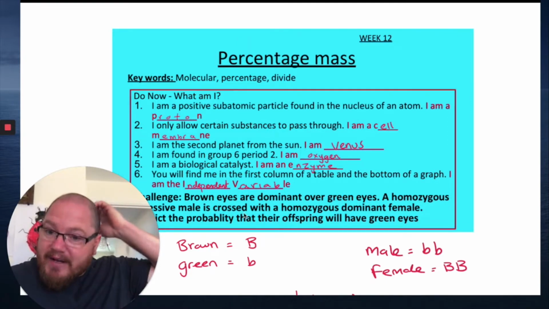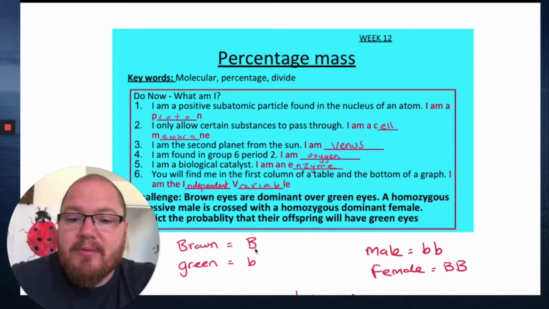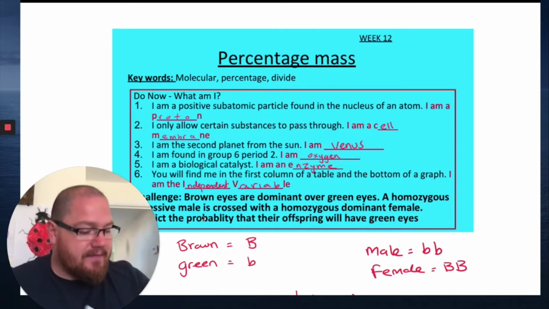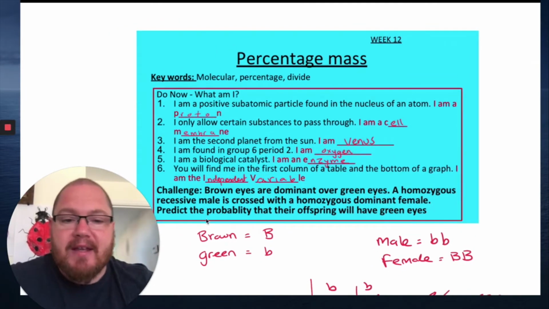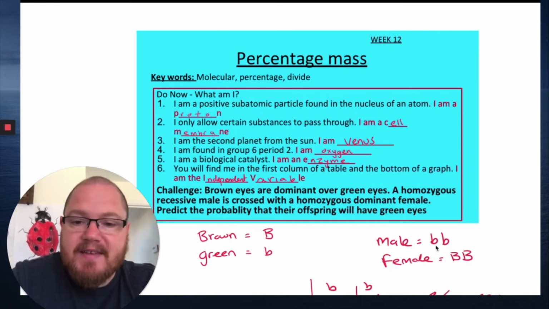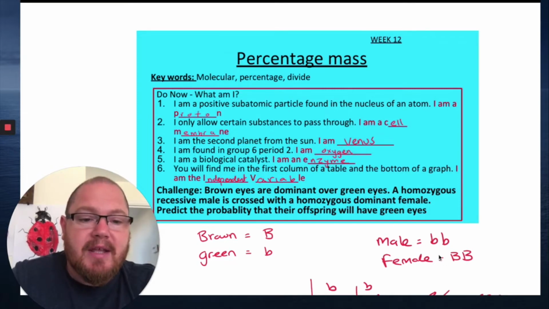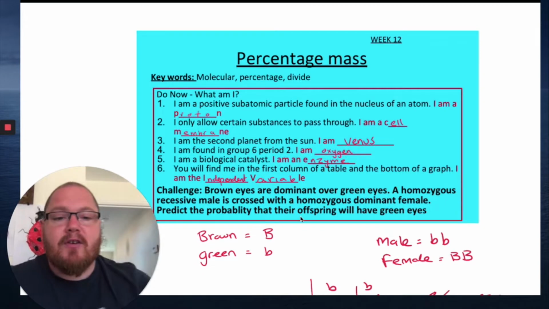Brown eyes are dominant. So I said brown is a capital B over green eyes. So green must be recessive. A homozygous recessive male. So the male is both recessive, because he's homozygous, the same, is crossed with a homozygous, the same, dominant, big letters, capital letters, female. So there's your female. Predict the probability their offspring will have green eyes.